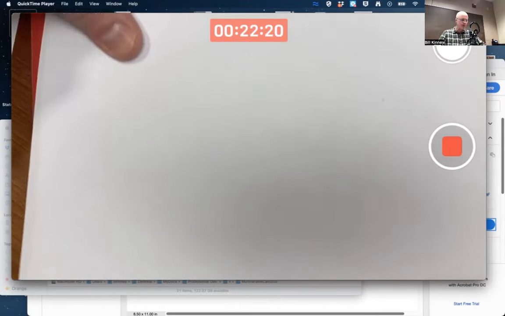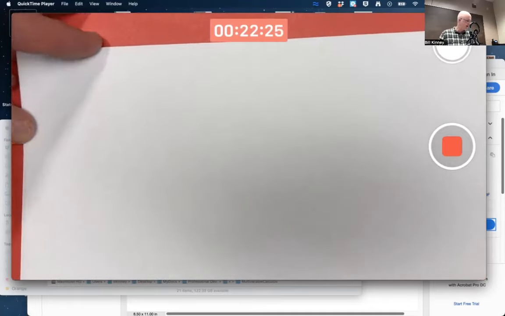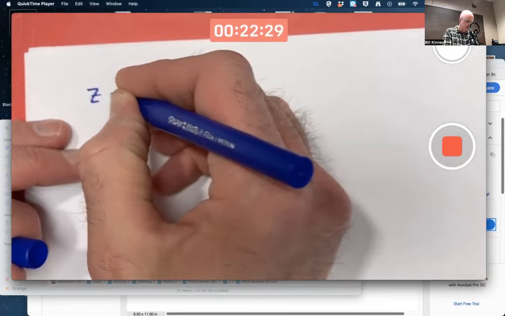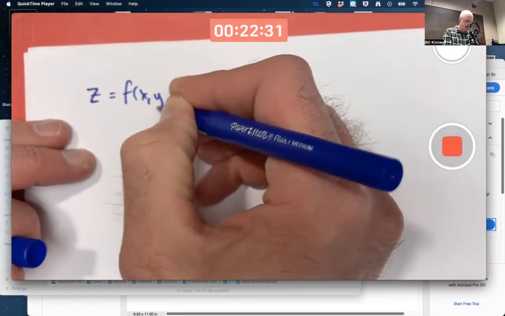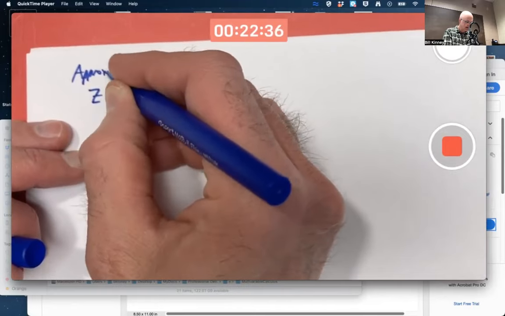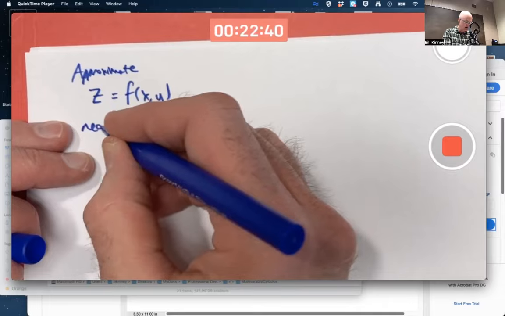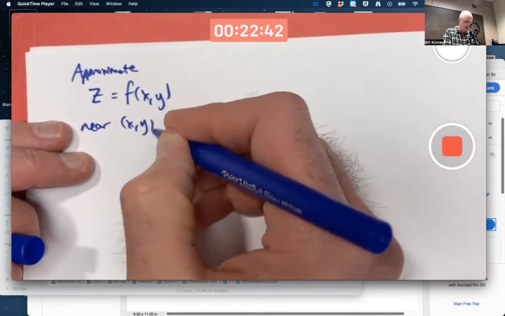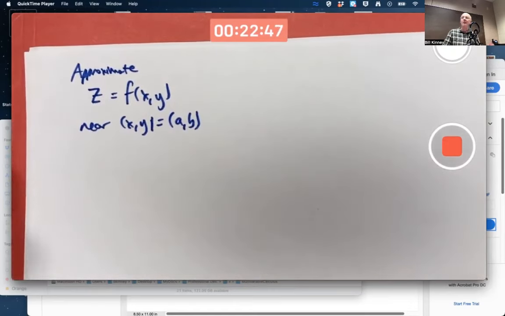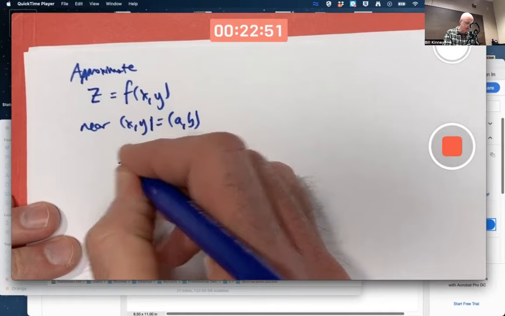In the general case, one way to think about linear approximation, if you're approximating this function, z equals f of xy, approximate such a function near some point xy equals ab, say, what we just did, we thought about the linear approximation this way.